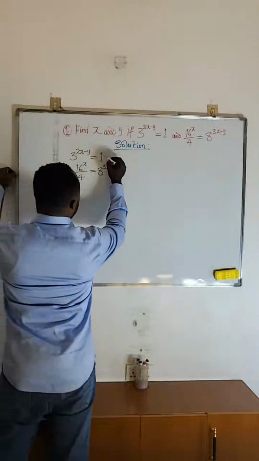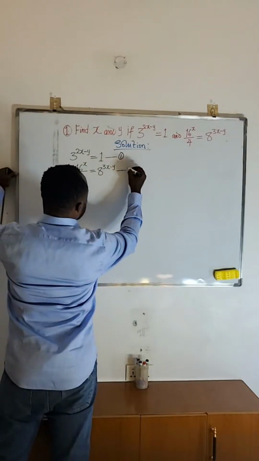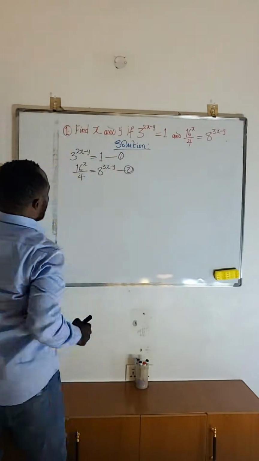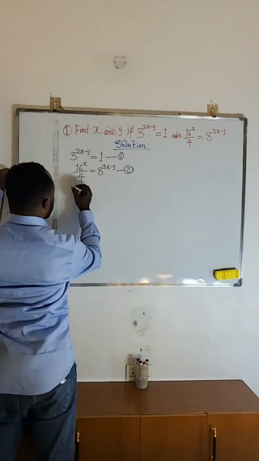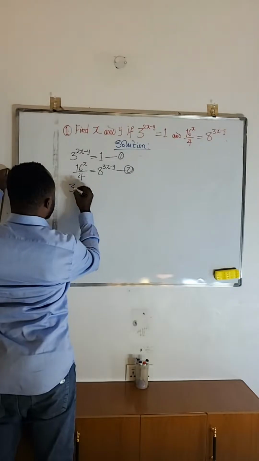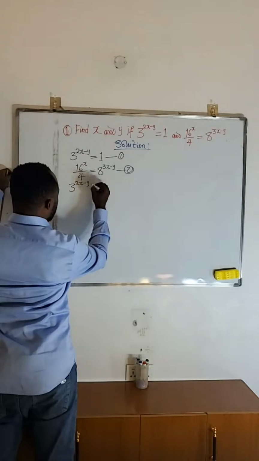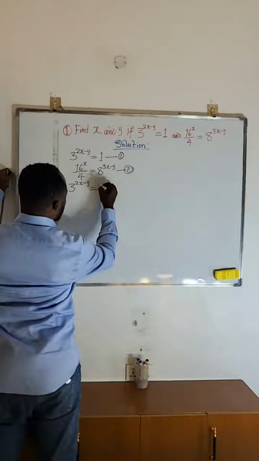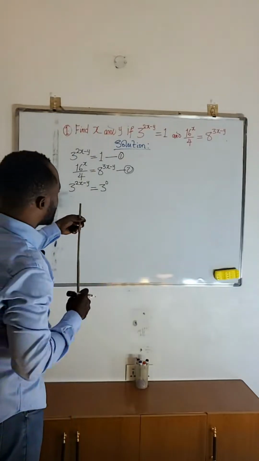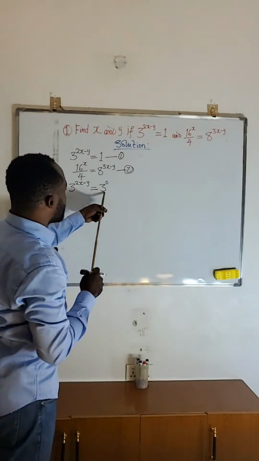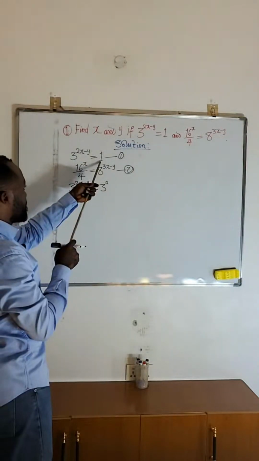We can label this equation 1, and we can also label this equation 2. First of all, let's resolve equation 1 as 3 raised to the power of 2x minus y equals 3 raised to the power of 0, because 3 raised to the power of 0 is the same thing as 1.